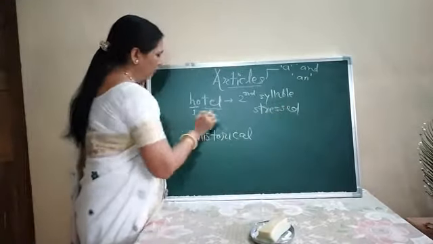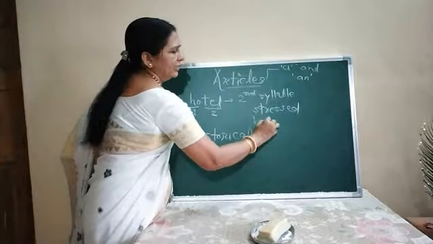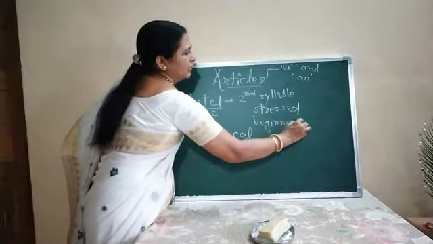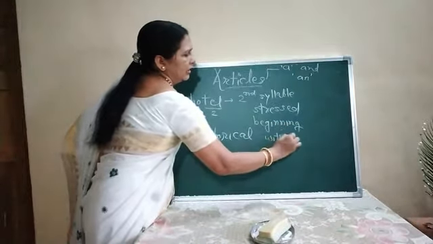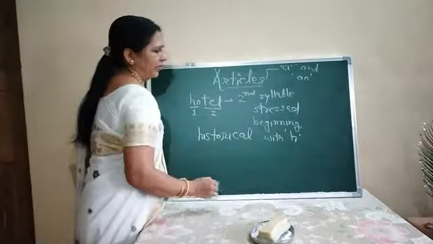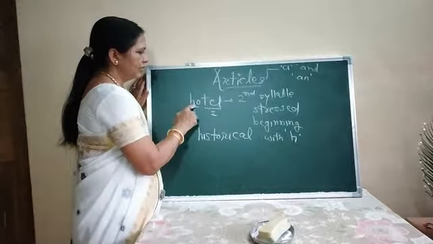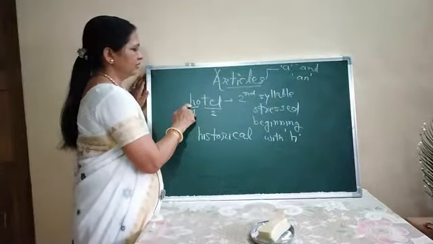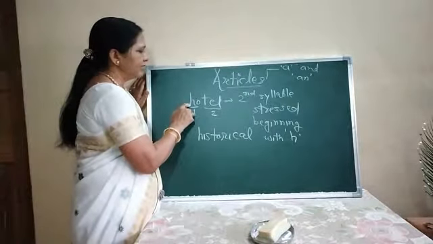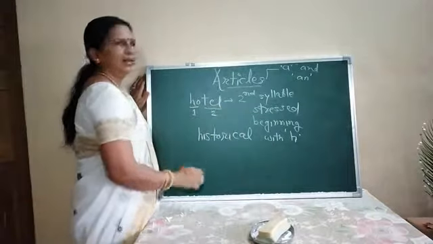And the word is beginning with H. Beginning with H. Both these words, they are having same thing. That is, the first alphabet is H and the word is accented on second syllable.